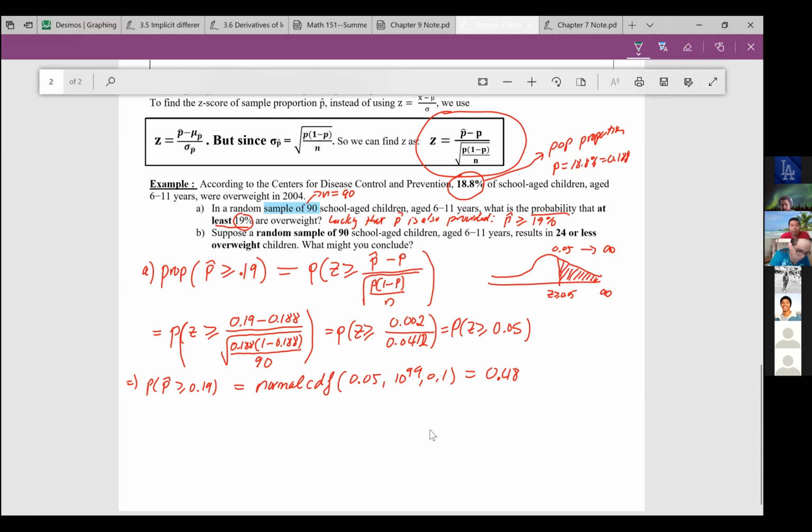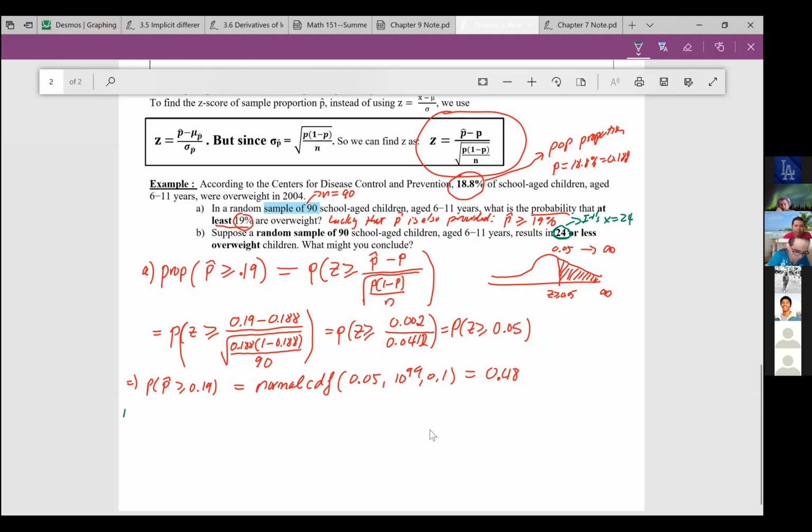Okay, and then part B, suppose we have a sample of 90 again, and what is the probability that 24 or fewer are overweight students, right? So it's no longer a percentage. So this one here, it is x. And because of that, we have to use the formula to find p hat, right?